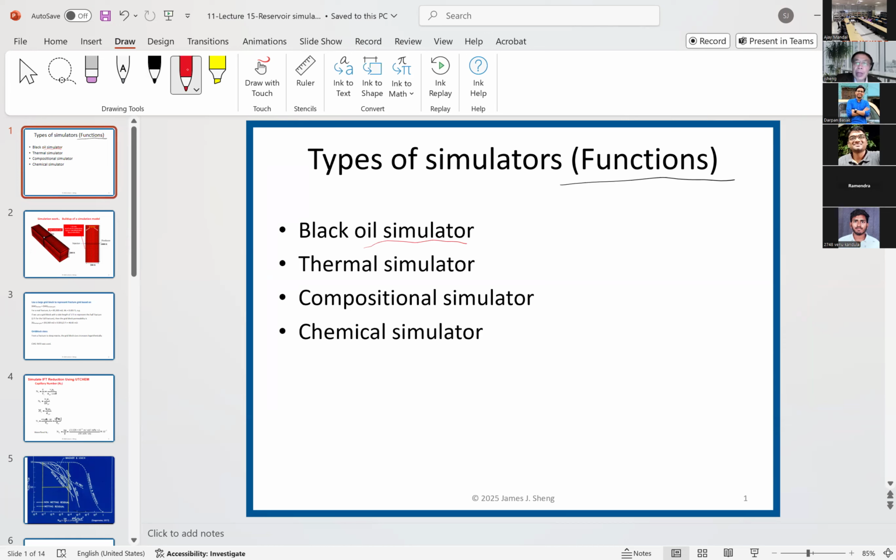A black oil simulator is water, oil, and gas. Basically, you have three components. And this gas can be dissolved in oil, and can also dissolve in water. So the oil is simply one oil component.